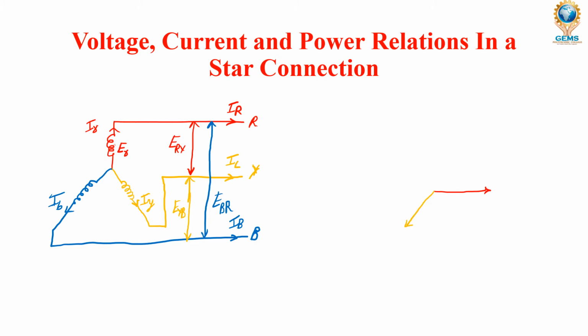I already told in previous lectures, these R, Y, B three phases are displaced by 120 degrees. B phase will come here. This is the EB phase voltage, and this is the ER phase voltage, and this is the EY.